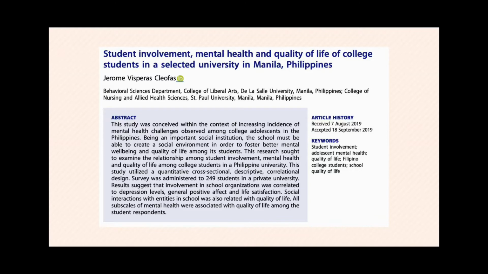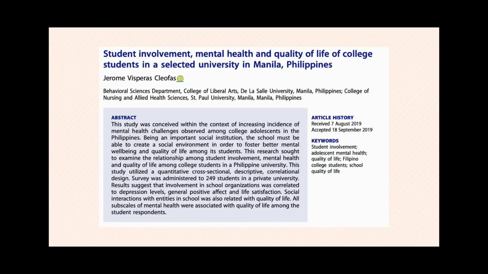And how did I measure this in this study? I measured it through involvement in clubs, and their self-rated frequency of engagement with different school entities like their teachers, like their peers, etc. So those were my measurements for student engagement, and I also had an instrument to measure mental health by letting the students answer that, and the same thing for quality of life.